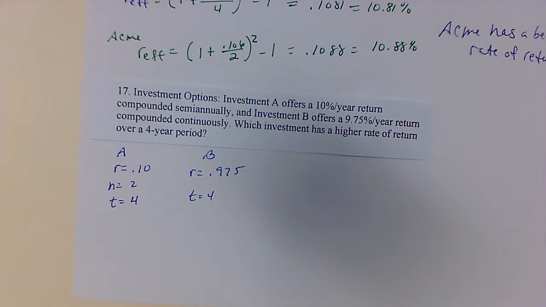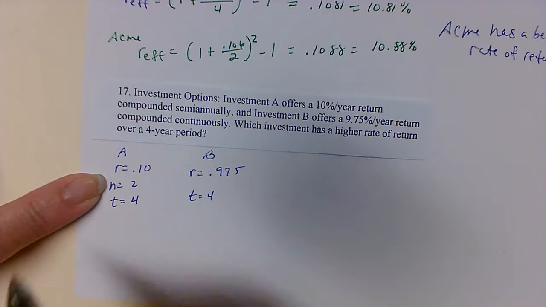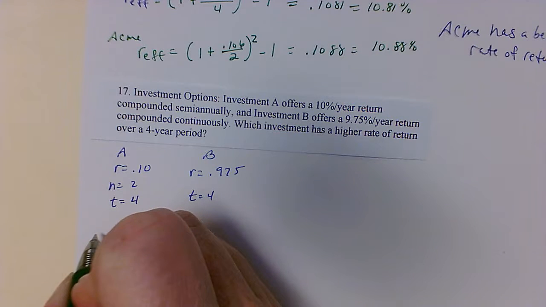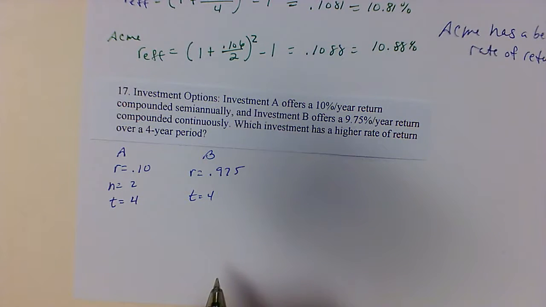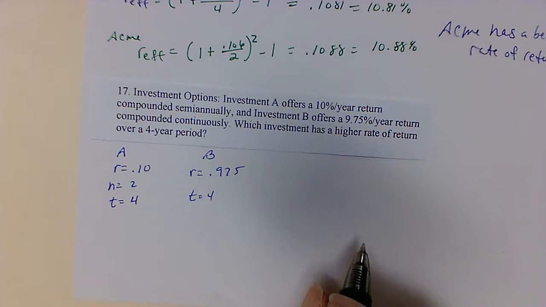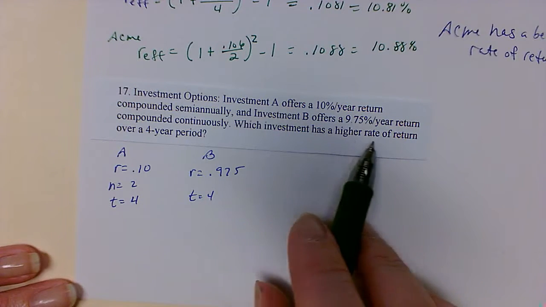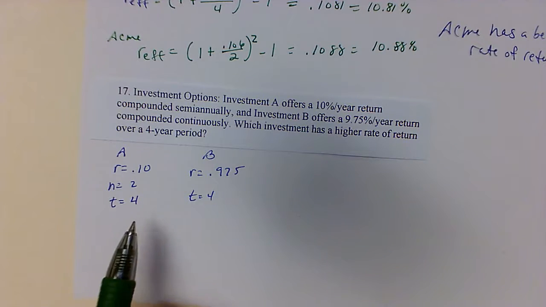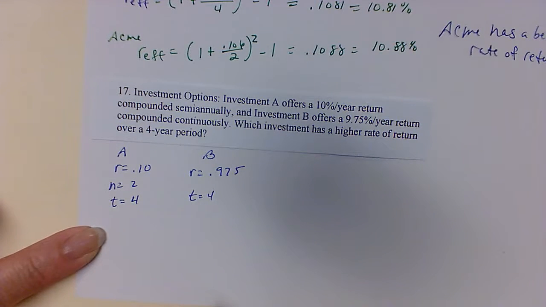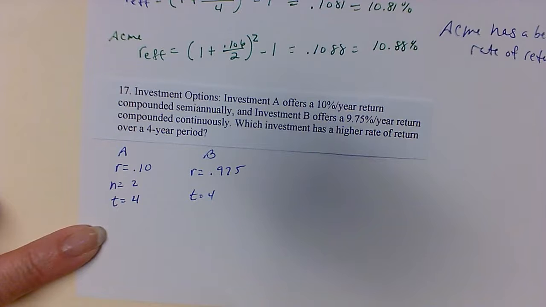So in this case, we are going to use A is equal to P times 1 plus R over N to the NT.